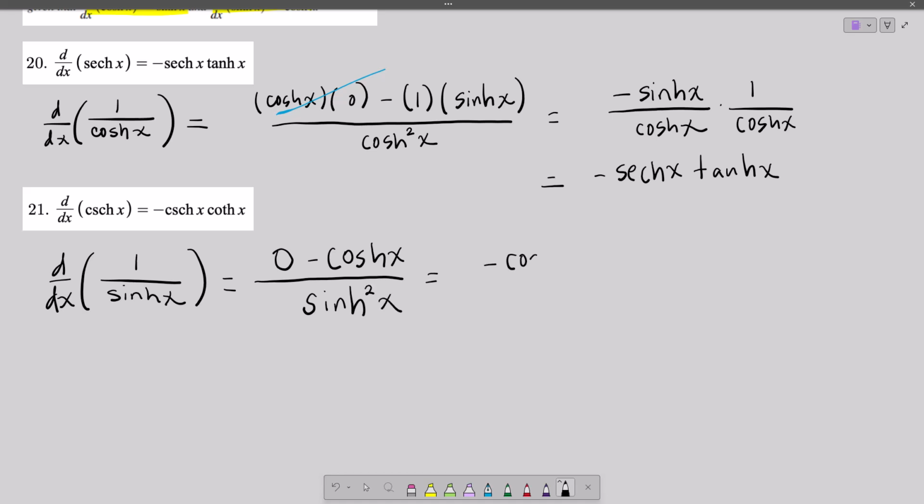We'll separate it in the same way we did above. We'll bust the sinh into a sinh times sinh, and a cosh into a cosh times 1. The reciprocal of sinh is cosech. And cosh divided by sinh is going to be cotanh.